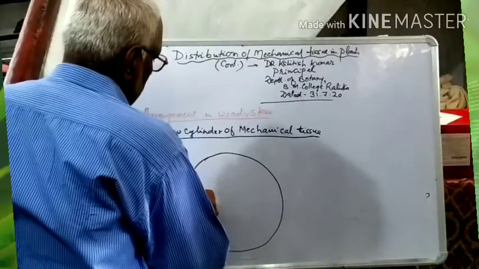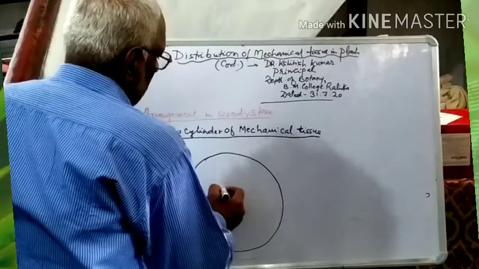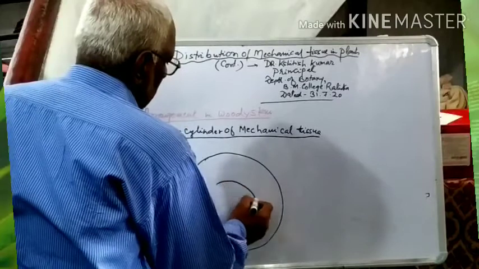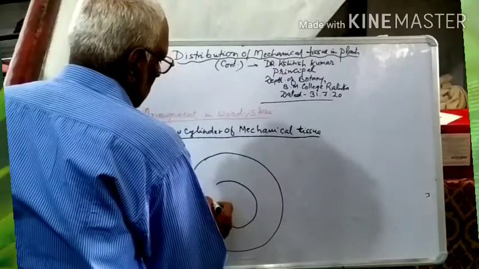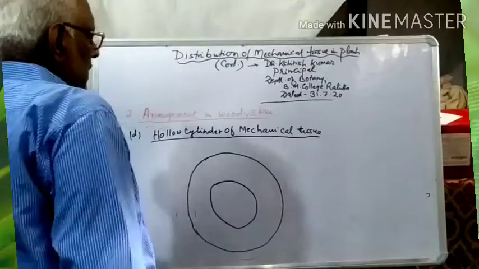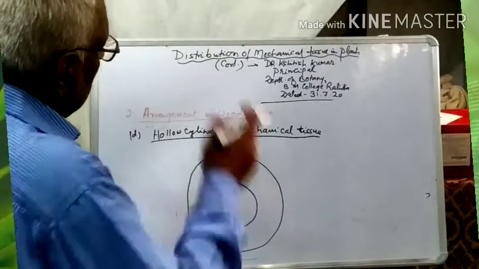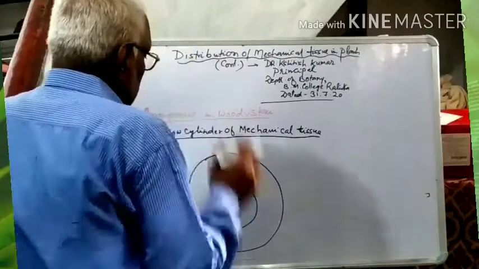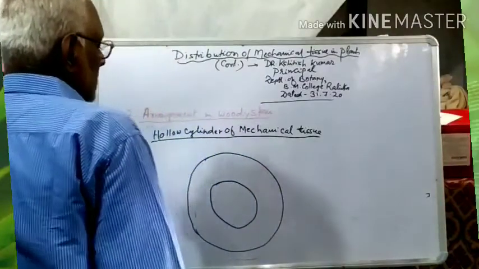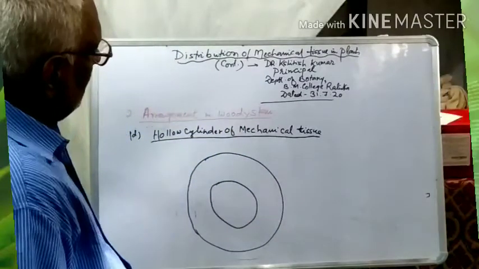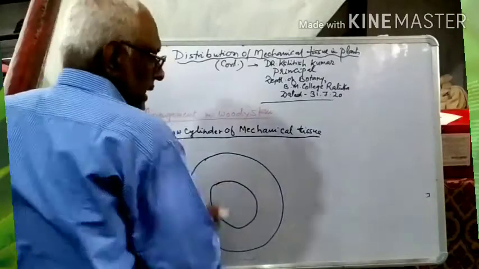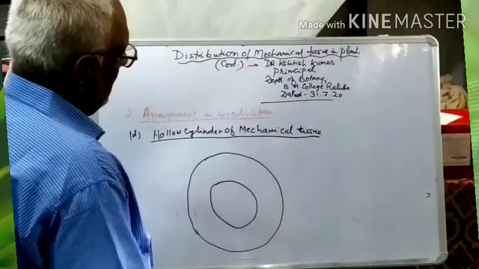in this type of arrangement, in the pericycle, as we know, there is the zone of pericycle inside the endodermis that demarcates the cortex from the ground tissue, and it is adjacent to the endodermis.